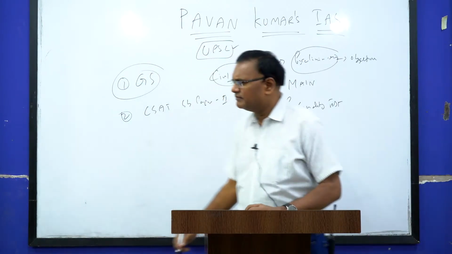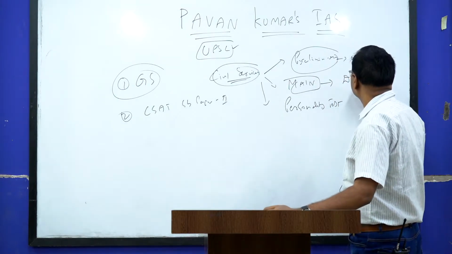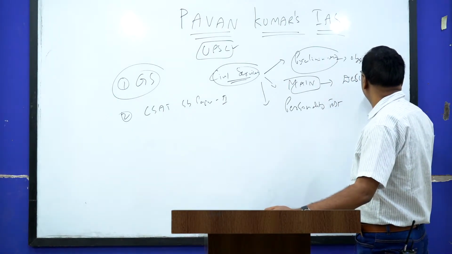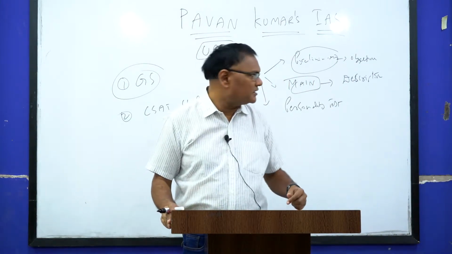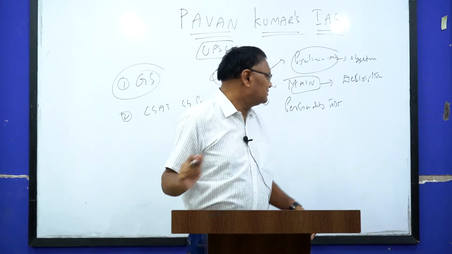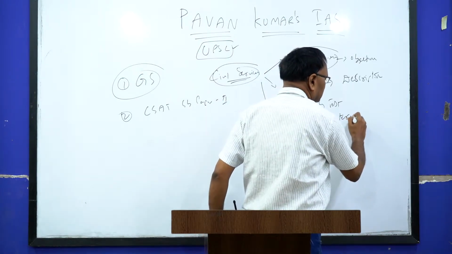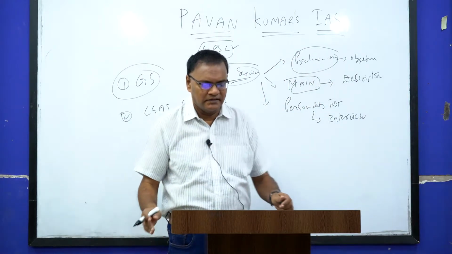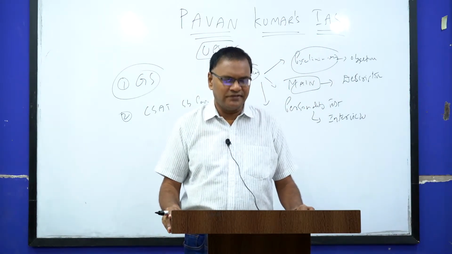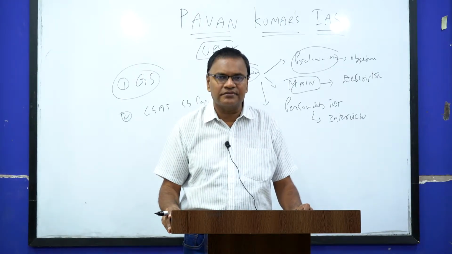The main examination is a descriptive one, wherein they are expected to write answers to the questions. The personality test is also known as the interview, wherein those who clear the main examination will be asked by UPSC to come to Delhi and take the interviews in Delhi.